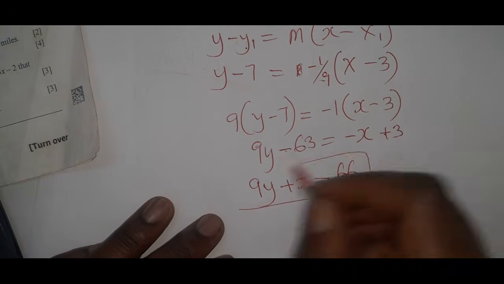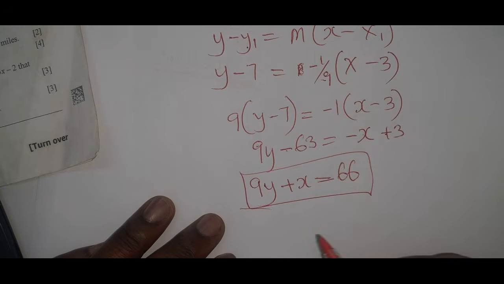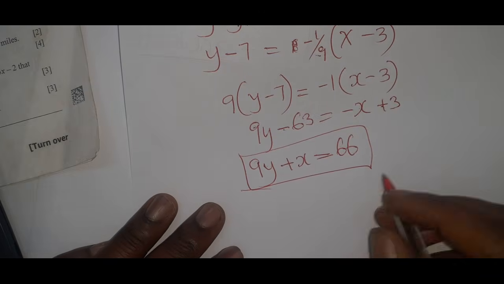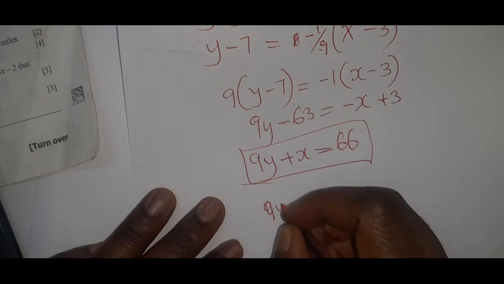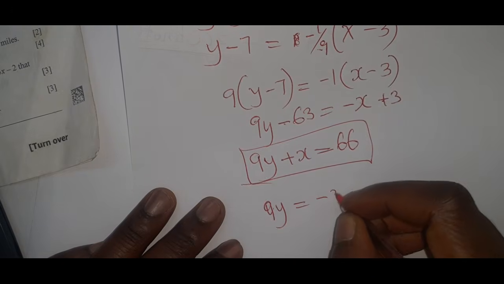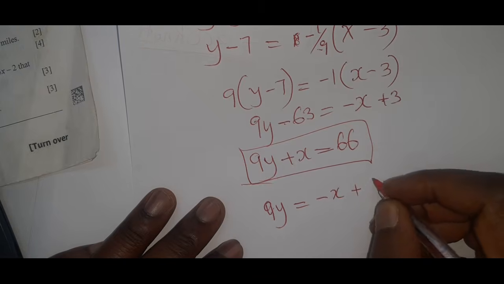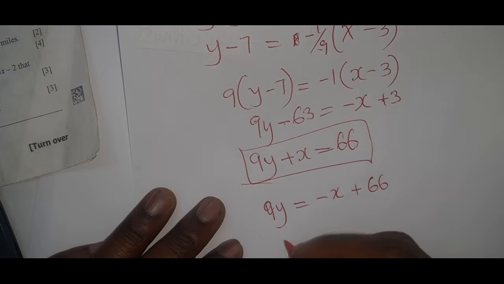This is what is going to be our equation. You can leave it at this point. Sometimes you would find it written as 9y is equal to negative x plus 66. This is one way it can be written.